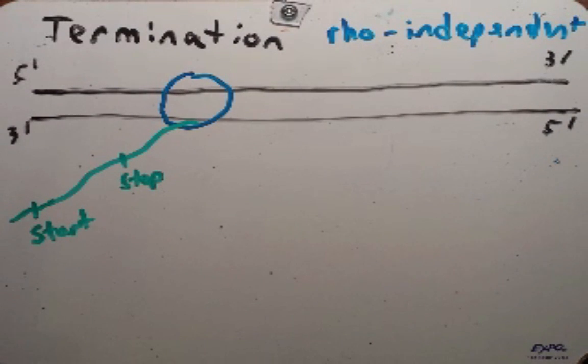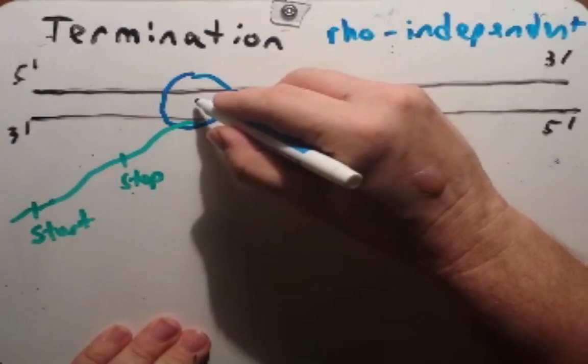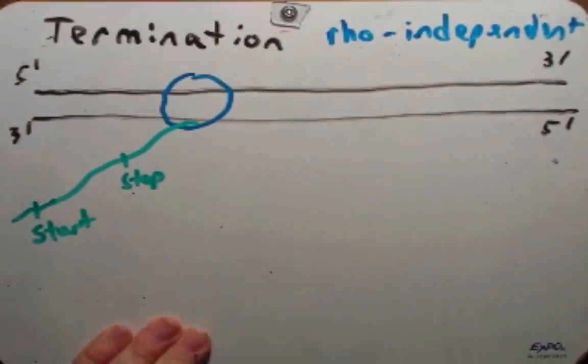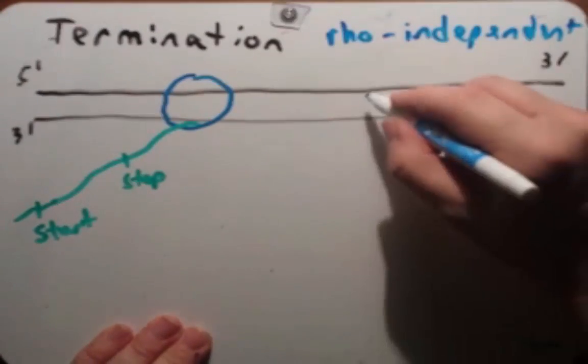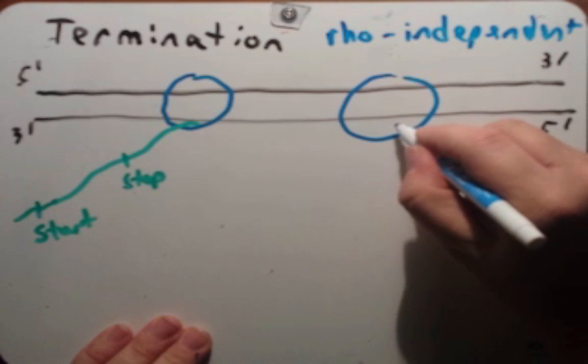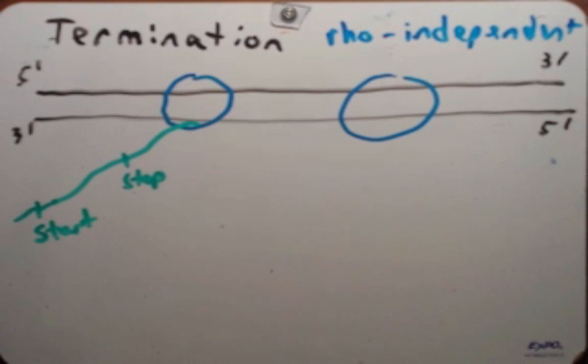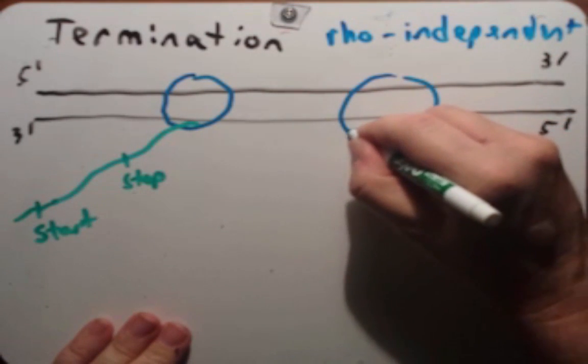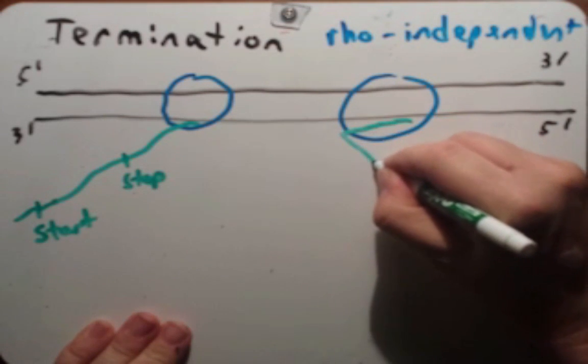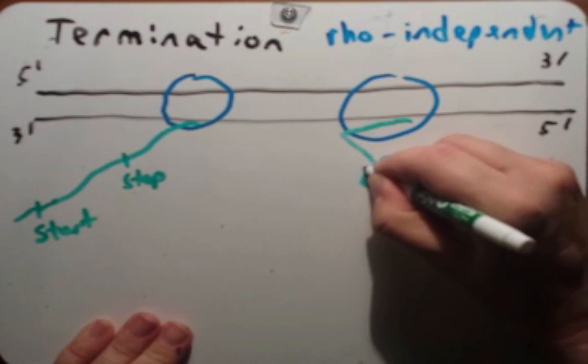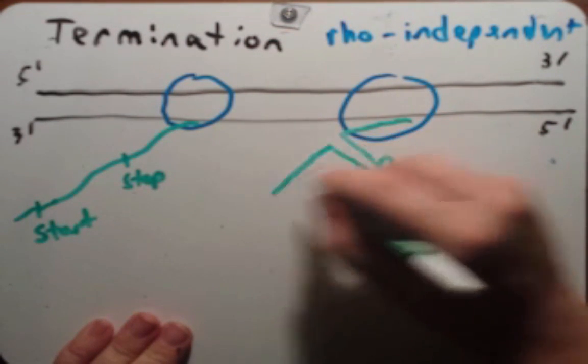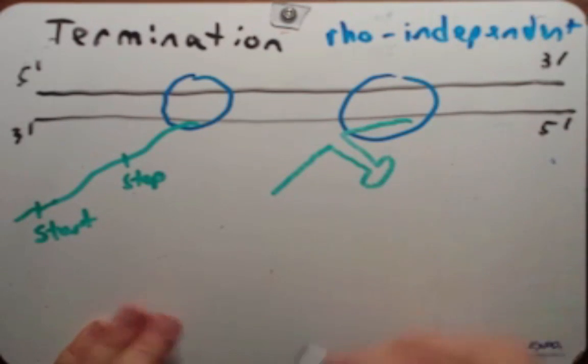In rho independent, what happens is as this RNA polymerase moves down the DNA, at some point the RNA that is produced will form what we call a stem loop structure. The stem here and the loop here.